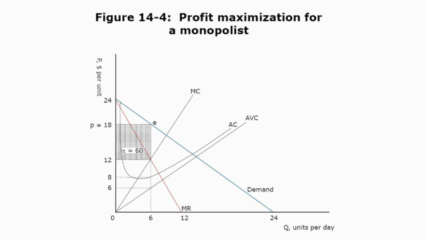That's going to be the optimal production level for the monopolist. We can see that graphically. That's where the marginal cost curve hits the marginal revenue curve. If you go downward from that point, you get that the sales are 6 units. So marginal revenue equals marginal cost at 6.